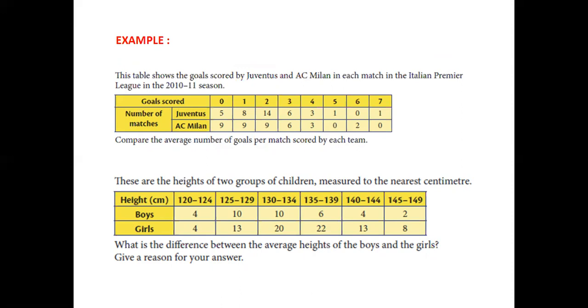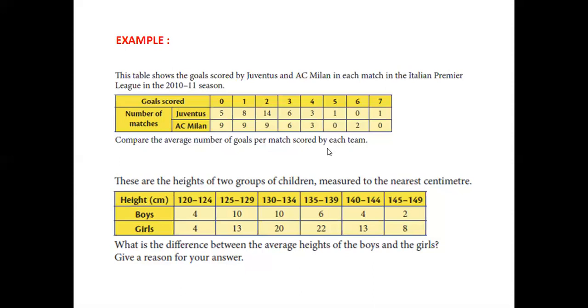And the second team is Milan. 9 times 0 is 0, plus 9 is 9, 9 plus 18 is 27, plus and so on. It also has 38 games, and divided by that, what will we find? 59 goals divided by how many games?